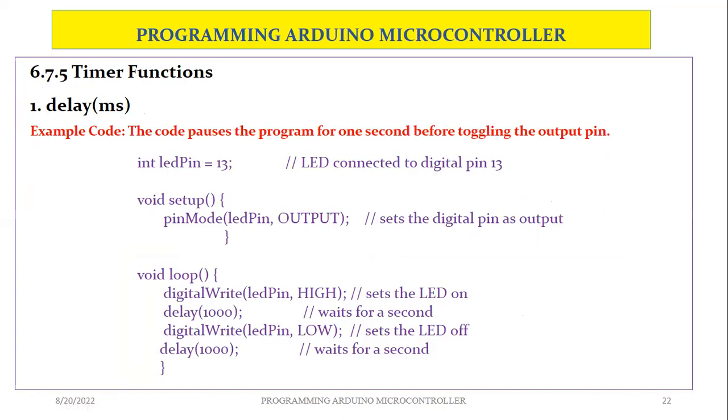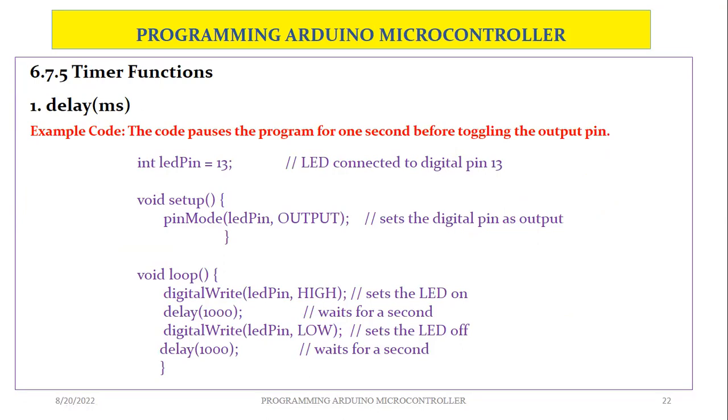Let us take a look at an example program in which we are using the delay millisecond function. Basically, in this program, we want to toggle an output pin between on and off with a time separation of 1 second in between.